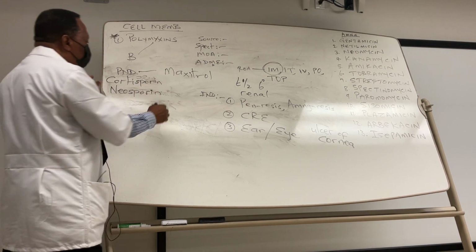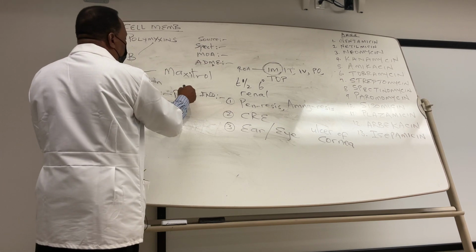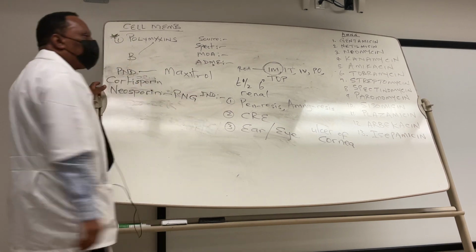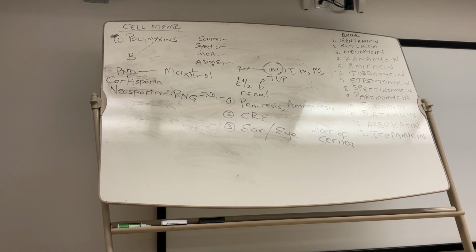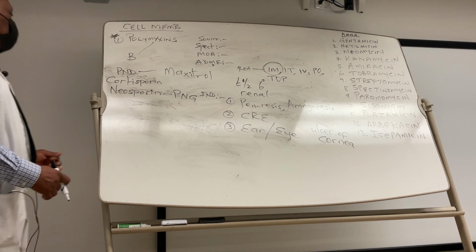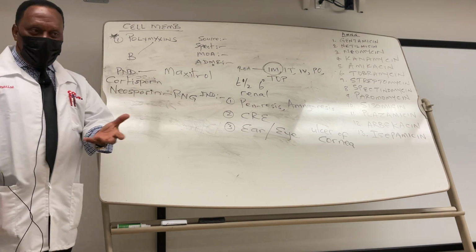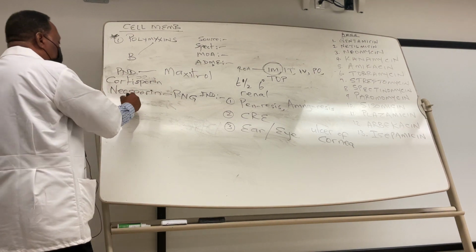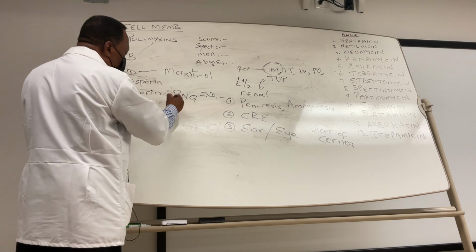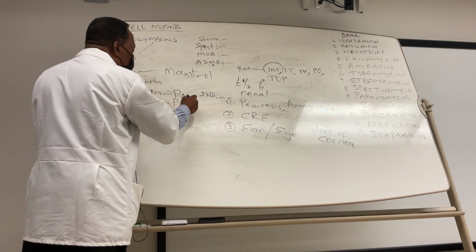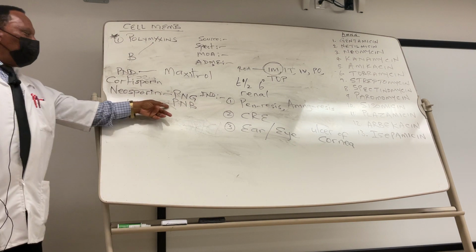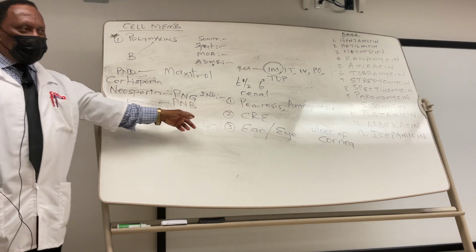So you can have polymyxin, neomycin, and gramicidin, that we mentioned earlier. Okay? So that would be in the suspension form, or you can have the ointment, and that would be PNB, polymyxin, neomycin, bacitracin.